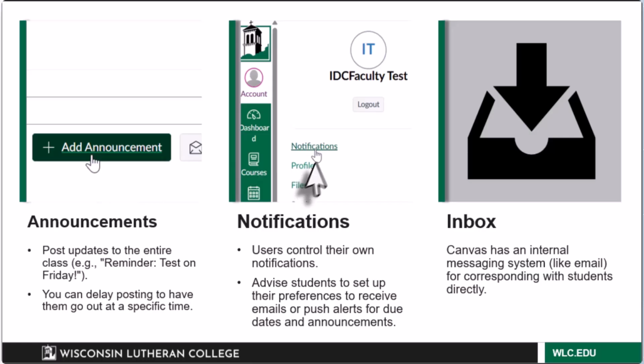There is a section in your account profile under notifications where you can control how and where things get delivered. Students cannot change their WLC email address, but they can add other email addresses or other modes of communication, including push notifications directly to the Canvas student app.